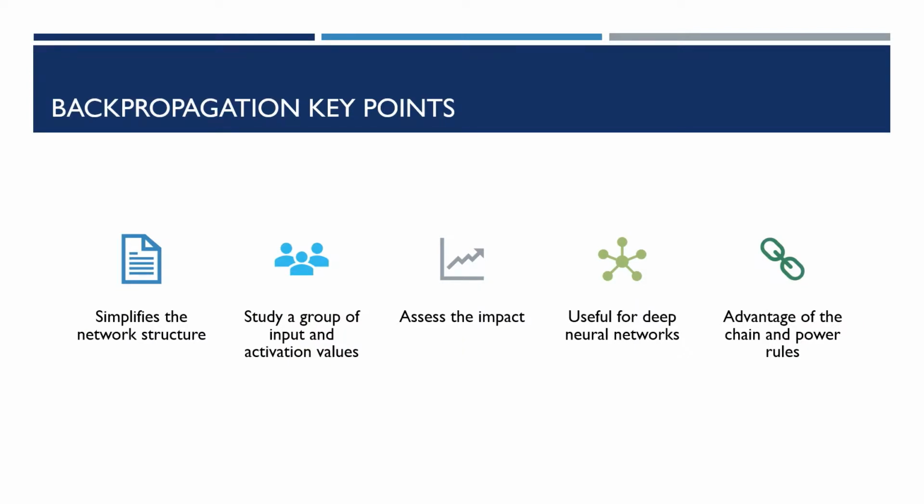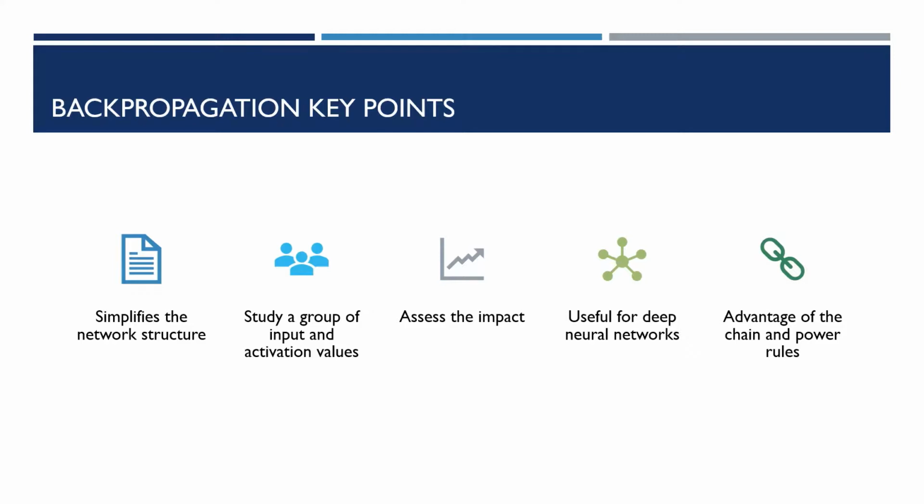Backpropagation key points. It simplifies the network structure by removing weighted links that have the least effect on the trained network. You need to study a group of input and activation values to develop the relationship between the input and the hidden unit layers. It helps to assess the impact that a given input variable has on a network output.